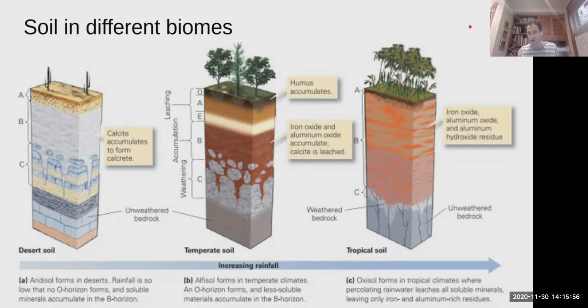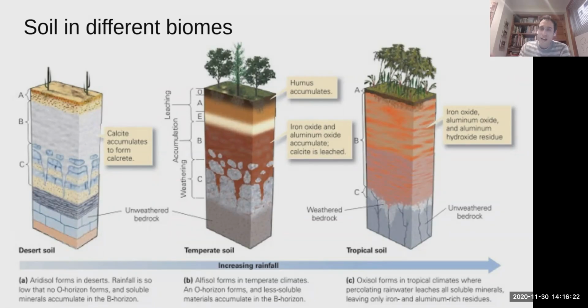Tropical soils are interesting because you would think, well, there's so much organic material there that you must have a real big O layer, and it must be really nutrient rich soil in the tropics. In fact, you don't really have an O layer, and that's because things decompose so quickly.